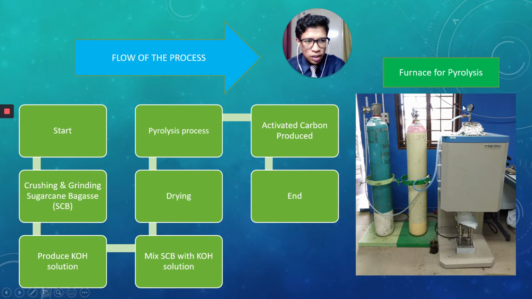This is the furnace that I use. It is a pyrolysis process, so it needs to be inert. So for my project, I apply argon gas into the furnace, and then after pyrolysis, the activated carbon is produced. Next, the activated carbon will be characterized.